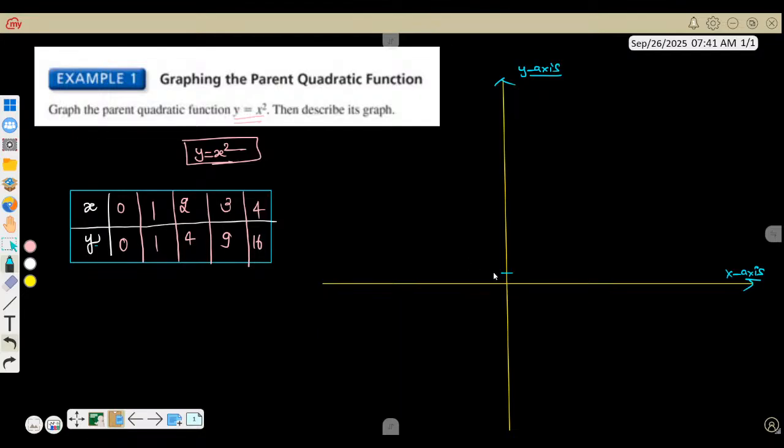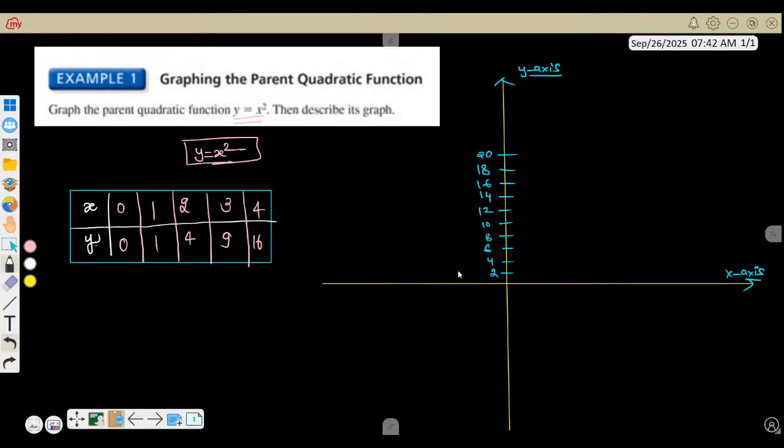So take the gap of 2 to 2, 4, 6, 8, 10, 12, then 14, 16, 18, 20.